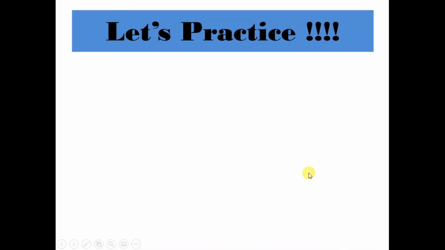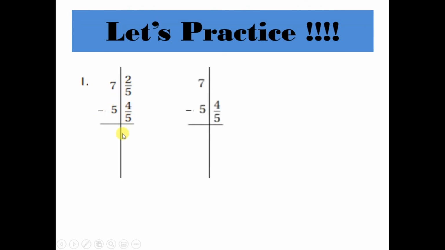Another example. Let's practice. 7 2/5 minus 5 4/5. Okay, first, 2/5 is less than 4/5. So in this case, I need to borrow from 7. So I will take 1 from 7, it will be 6.